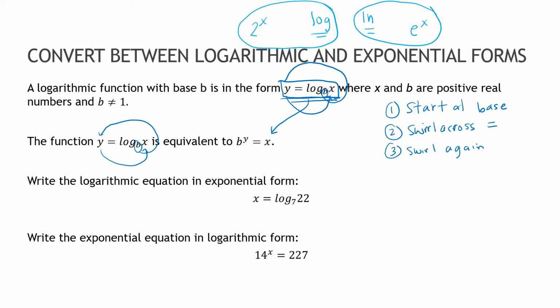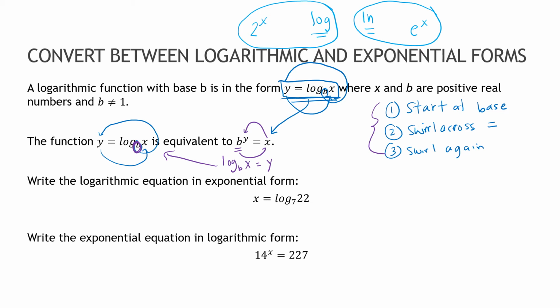So the base here is the b, the base here is the base of our exponent. The base is always the base. So because it's a log function, I'm going to say log of the base, so log base b of x equals y. And notice that is exactly where I started.